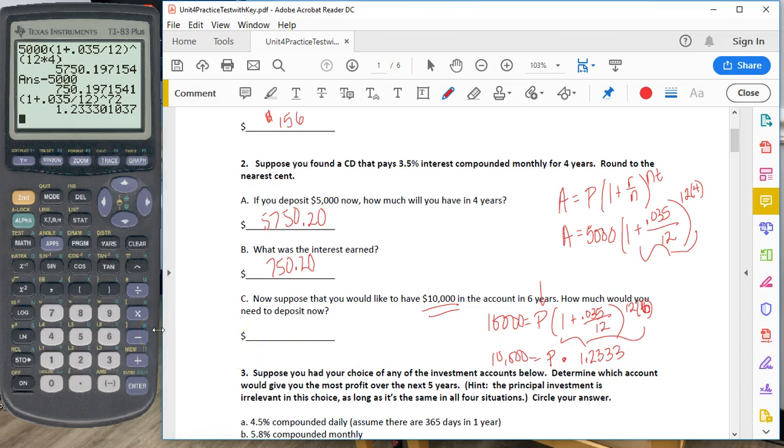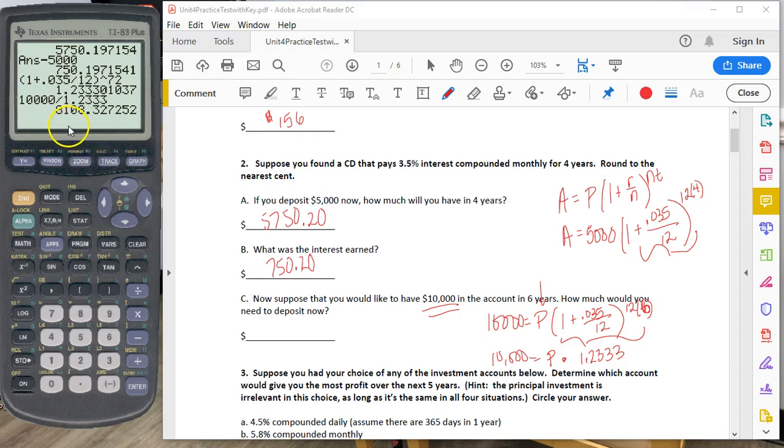So I'll say 10,000 divided by 1.2333, and that gives $8,108.33. If you put that in now for P and let that compound at 3.5% for 6 years every month, you'll have the 10,000 exactly.